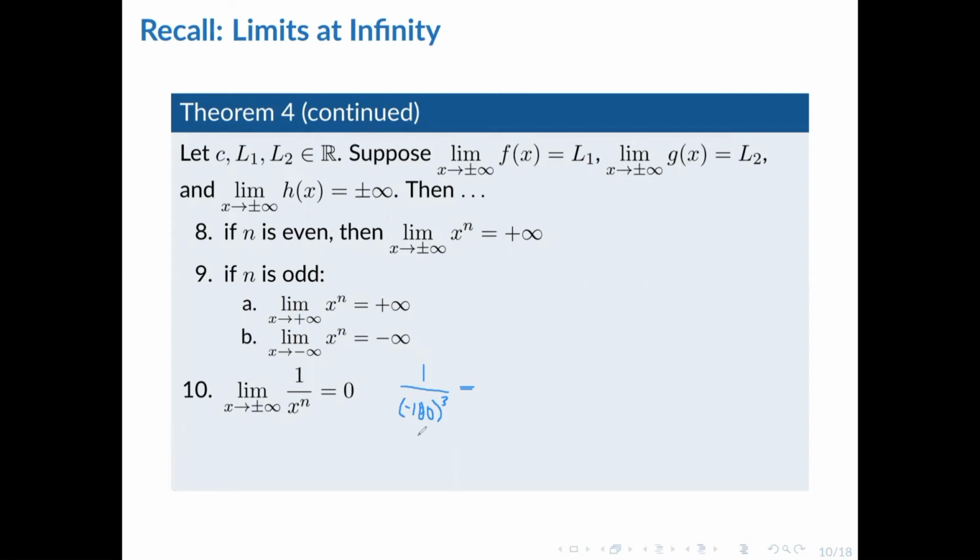Similarly, if the denominator is positive, this value is too small and it's still close to 0.